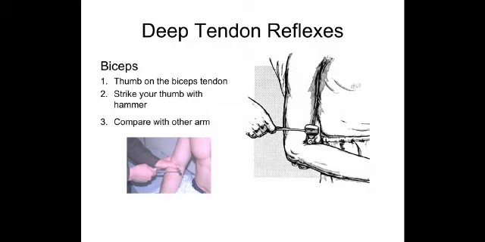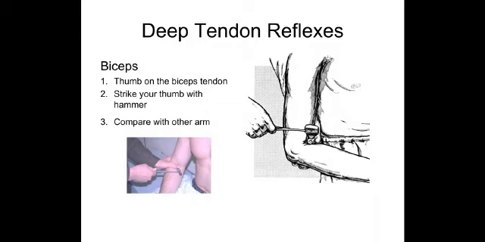Place your thumb on the biceps tendon. Strike your thumb with the pointed end of the knee hammer so that the biceps tendon is stretched. Observe the contraction of the biceps muscle and the flexion at the elbow.